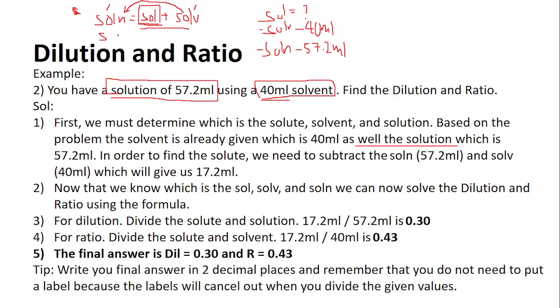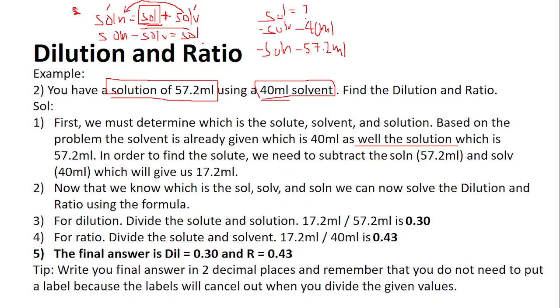So, solution minus solvent. Nag-minus siya, class. Again, if ma-transpose tayo or malipat, from this side of the equation papunta sa other side ng equation, ang operation niya ma-change din. So, from positive, magiging negative, so minus solvent tayo. So, nabilin si solute, so equals solute.